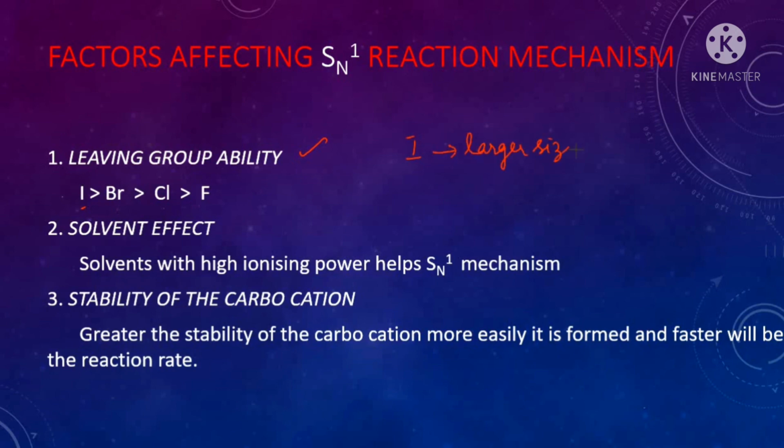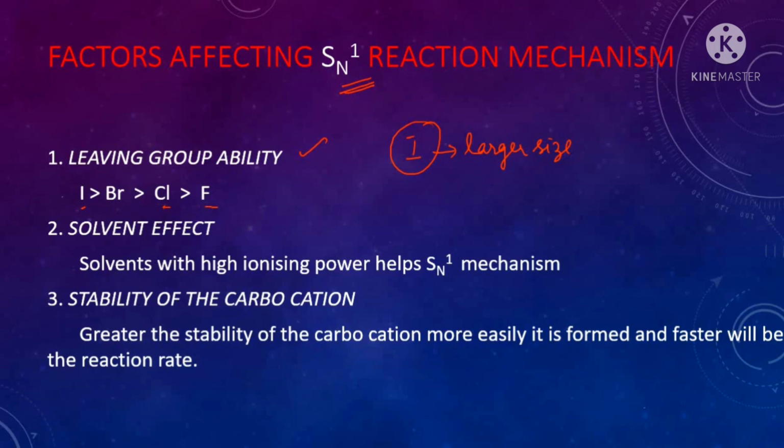Larger size, so it can easily accommodate the negative charge, so it behaves as the best leaving group when compared to other halogens. So the leaving group plays a vital role. If the group leaves easily, then the mechanism will take place faster, right? So that's why iodine is the best leaving group. Next comes bromine, next comes chlorine, and next comes fluorine.